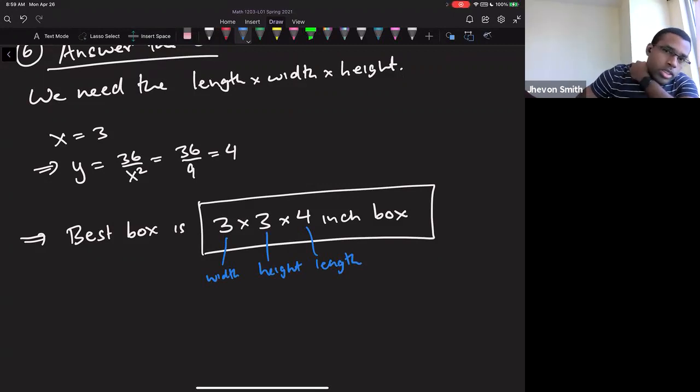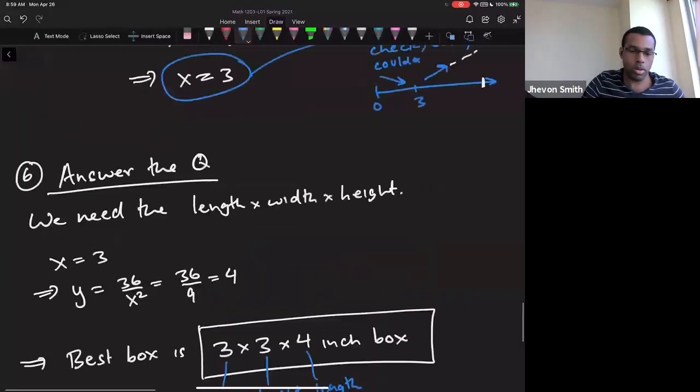Right, so it's obvious the 3 and the 3 gives you the square side, so that's going to be the dimensions of the left and right side. Should be 3 inches by 3 inches, and the other dimension should be 4 inches. And that's the best box here. That would give the minimum amount of materials. And that's our optimization problem.